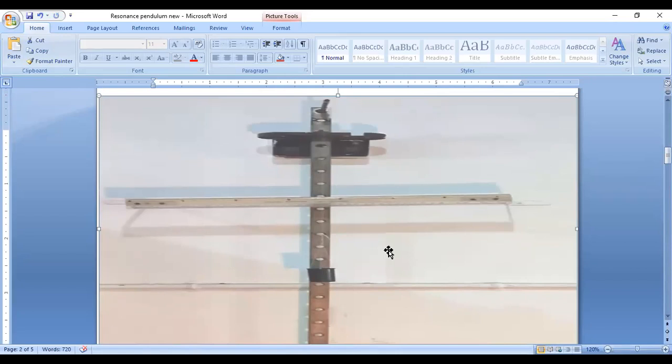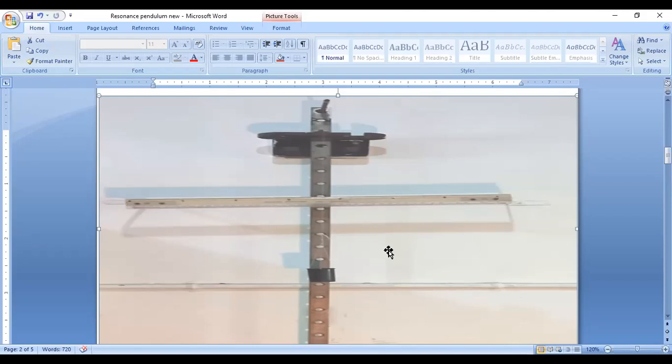So in the third part, take the length of the simple pendulum slightly less than L0. If L0 is 60, you may take the length of the pendulum around 58 or 57. So it should be close to L0 but less than L0.